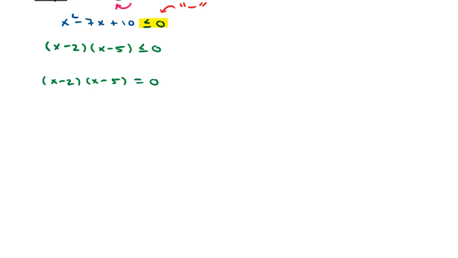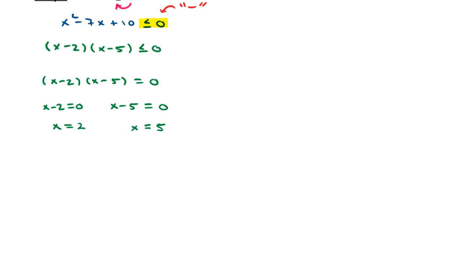We can set x minus 2 equal to 0, and also set x minus 5 equal to 0, in which case we get two values: x equals 2 and x equals 5.